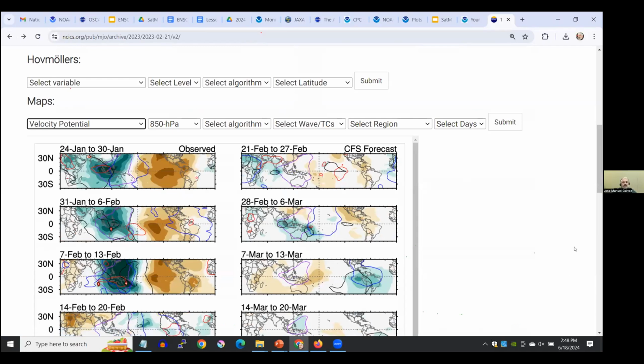Okay, so let's start looking at something that is called velocity potential, a variable that is close to something that weather folks like us use a lot, which is called upper divergence. It's a way of representing whether the flow is opening or closing, so whether mass is leaving your area or there's mass convergence, entering your area.